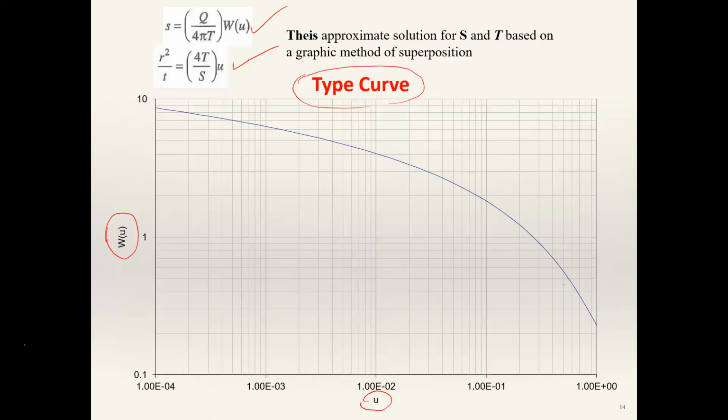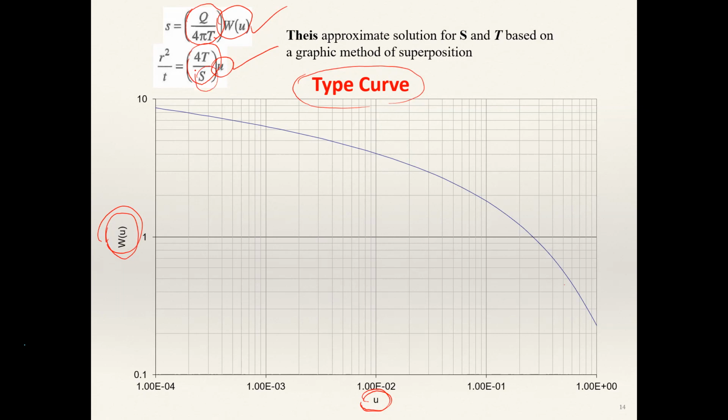So now you see, we have a relationship between W(u) and u. Here we have some constants. T is the transmissivity, it is a constant. Q is the pumping rate, it is a constant. S again is a constant.